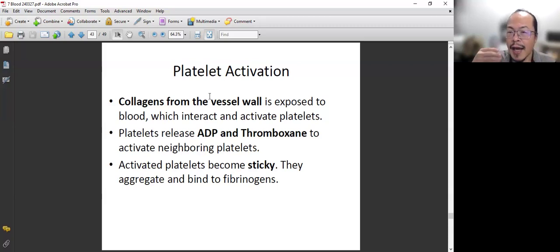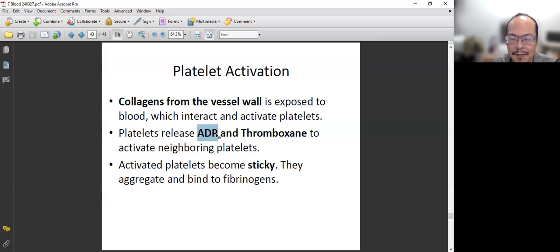Platelets can be activated by directly contacting the vessel wall components such as collagen. It can also be activated by the activated platelets. So once some platelets got activated, they will release something called ADP. This is adenosine diphosphate. So we talk about the ATP, right? Triphosphate.